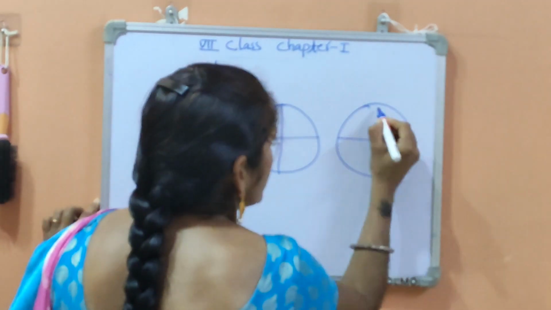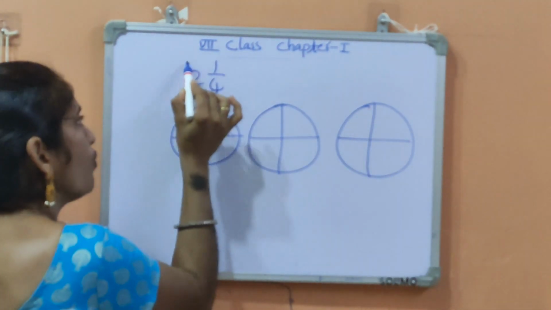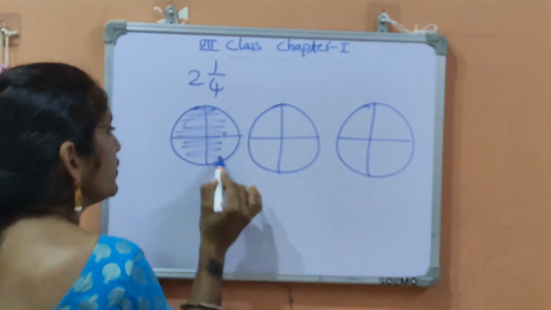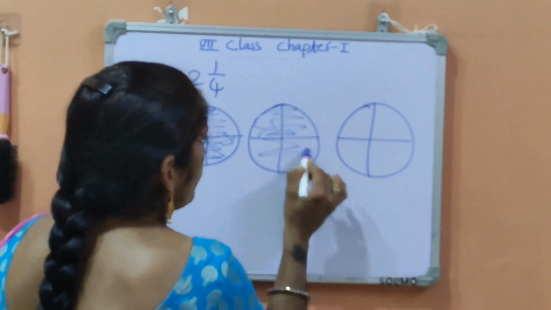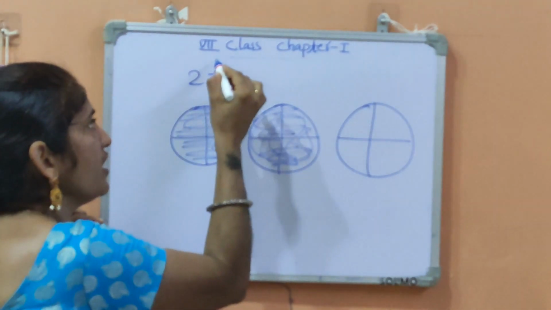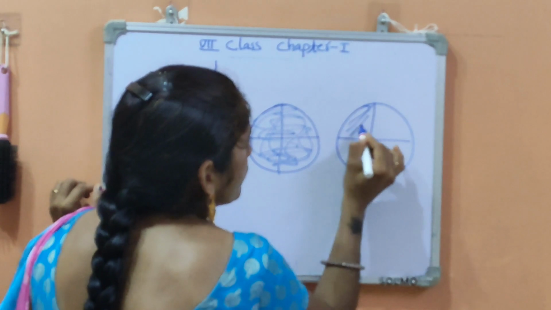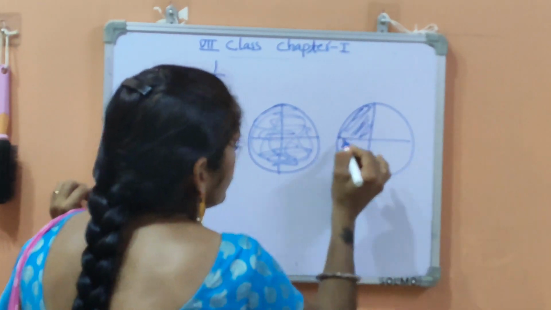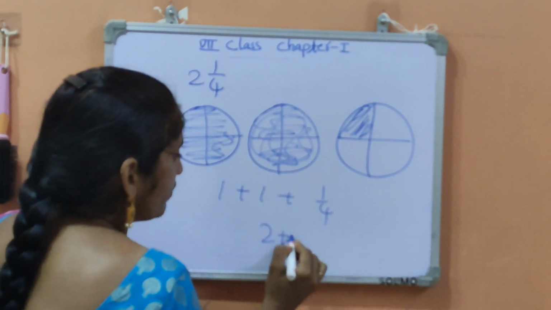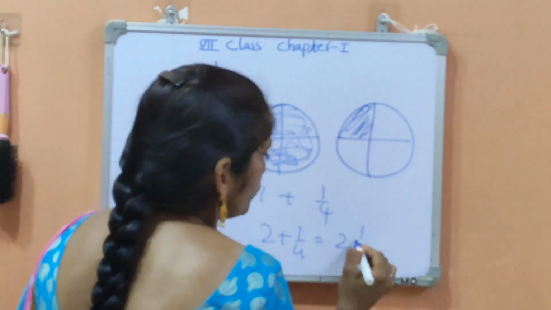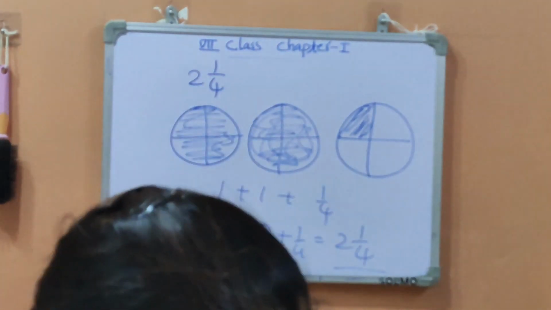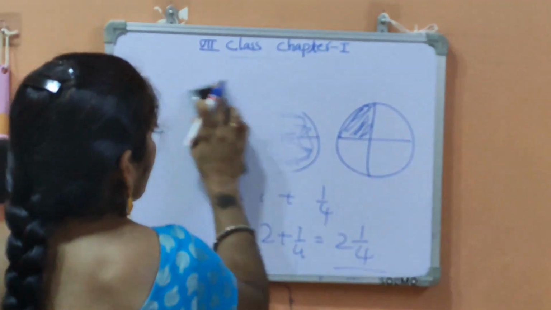The whole part is 2, so we are going to take 2 whole figures. And 1 by 4 means 1 part we are going to fill. So this is 1 plus 1 plus 1 by 4, 2 plus 1 by 4, which means 2 1 by 4. So this is the pictorial for the try this question, 2 1 by 4.